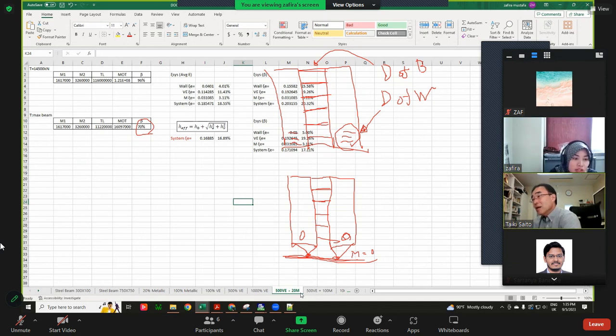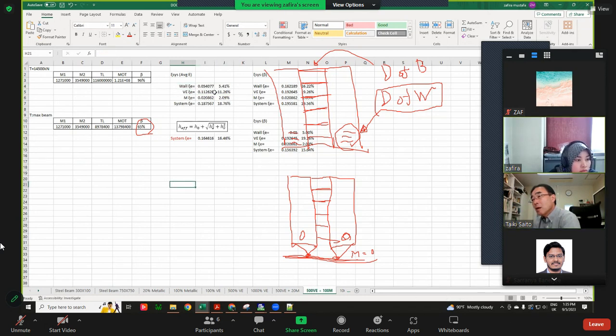So in our case, we must be careful how to deal with it. But with the combination of the damper, we can see that the wall doesn't get damaged so much because most of the energy is taken by the viscoelastic damper. Oh, really? Yes, the wall is almost 5%.